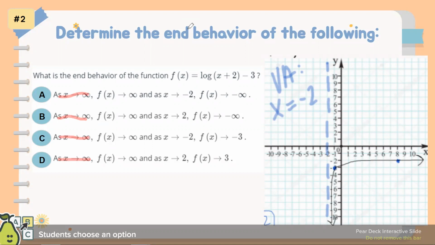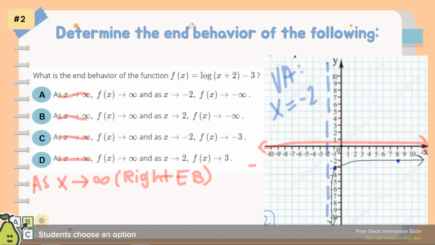Remember that when we're talking about as x approaches infinity, that means we're talking about the right end behavior. The reason for that is if you think of this x-axis as a giant number line, over on the left is -infinity and over on the right is positive infinity. So whenever we say as x approaches positive infinity, that means we're talking about the right end behavior.